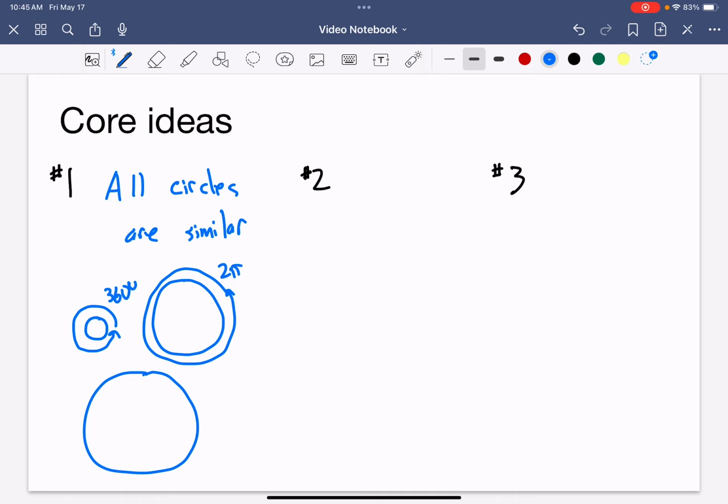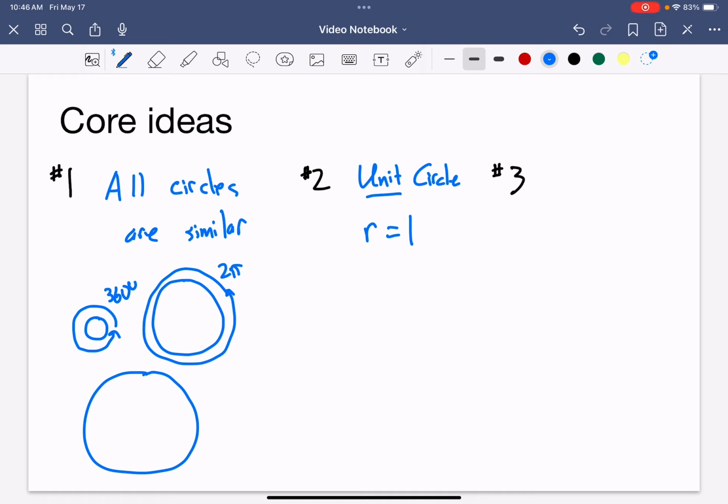The second core idea is that unit, in unit circle, refers to the radius equaling 1. This plays off the idea that all circles are similar. We're going to make things as easy as possible. We let our radius equal 1, so when we have to crunch any numbers, r equaling 1 is very easy to work with.